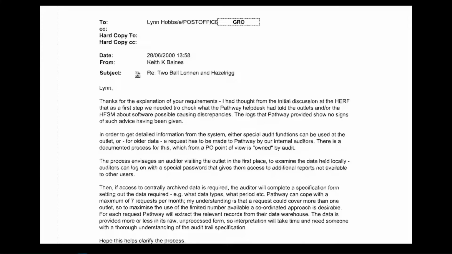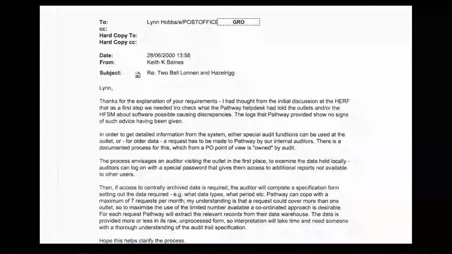I'm wondering whether it's a misunderstanding of me, either now or then, as to what an auditor can access, because my understanding was that an auditor could access everything that a manager at the branch could access. This is suggesting that there's additional activity that they could access. Now, I don't know whether that's true or whether my memory is failing me, but I thought that auditors could only access what a postmaster or a branch manager could access themselves.